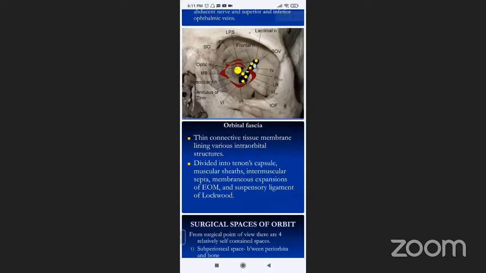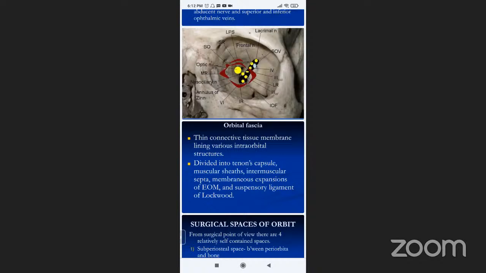Then orbital fascia, that is a thin connective tissue membrane which covers the orbit. Then it condenses to form various dense membranes within the orbit, like periosteum covering the orbit, then Tenon's capsule, etc. So condensation of this orbital fascia forms Tenon's capsule, which covers the sclera. Then muscular sheath, which covers the recti and oblique muscles.